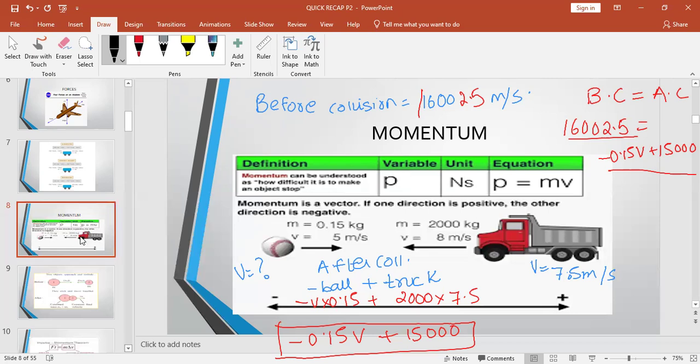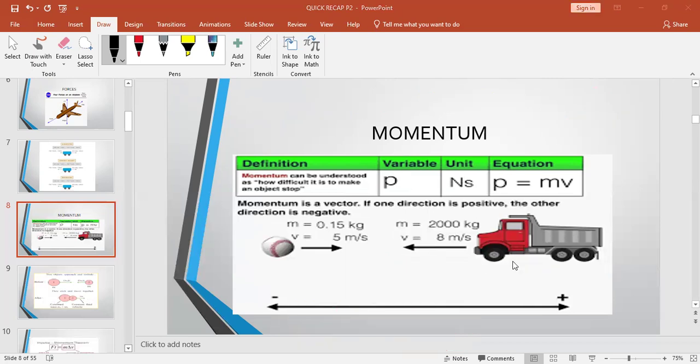No. Okay. This is the first case of momentum, in which the two objects, when they collide, one will move in one direction and the other will move in the opposite direction.